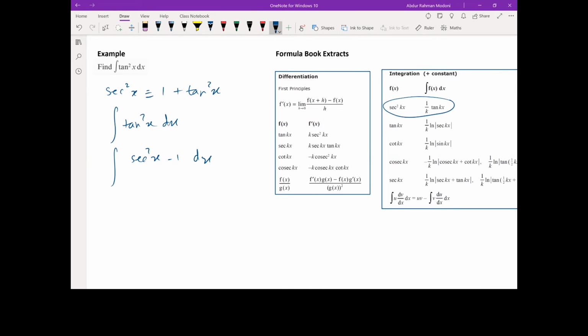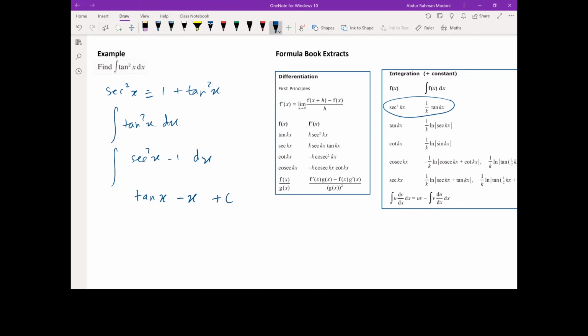The integral of sec squared becomes tan x, since k is 1 in this case, so it becomes 1 over 1 tan 1x, which is the same thing. Then the integral of minus 1 becomes minus x, plus c. So we use identities to get it into a form that we can then integrate.